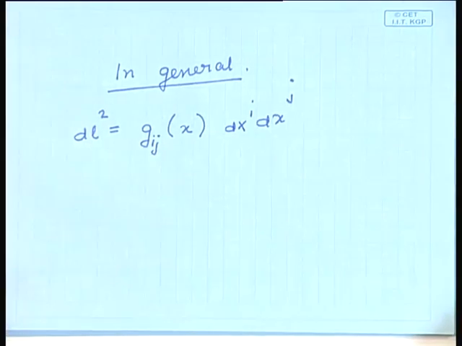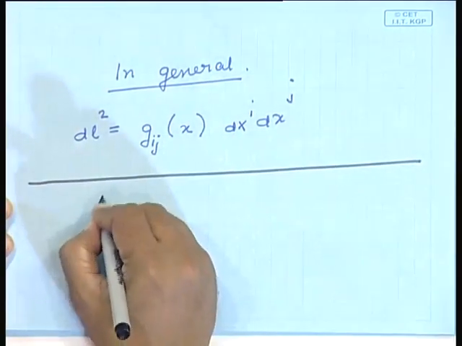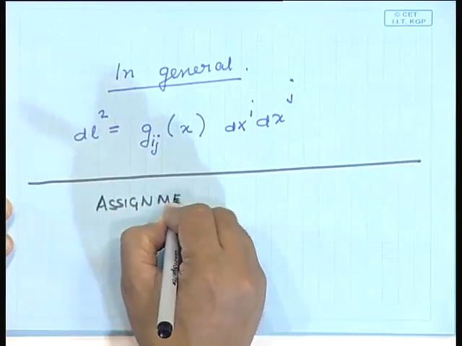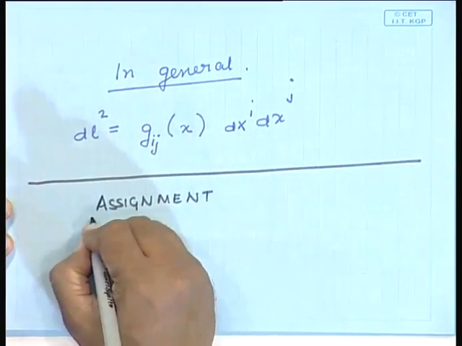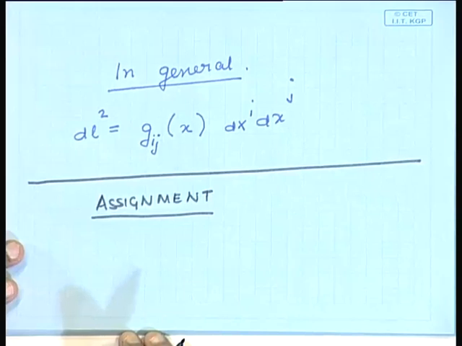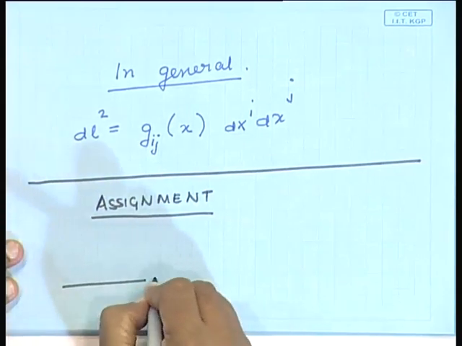Let me give you a very simple problem which you should try out. It's an assignment which you should work out. Consider two-dimensional space. In this two-dimensional space, you could have coordinates which are like this.